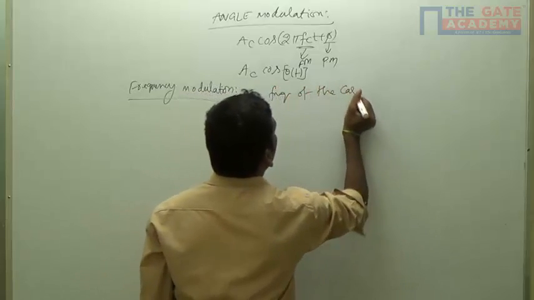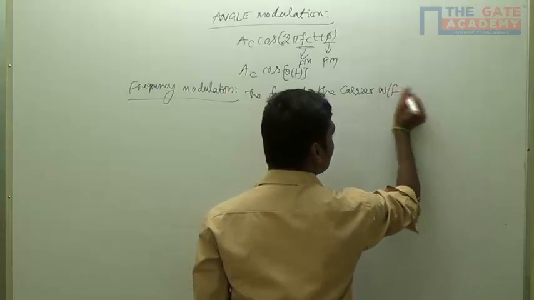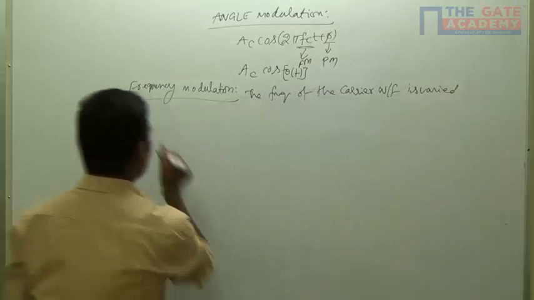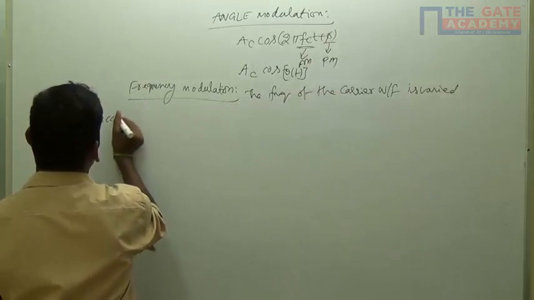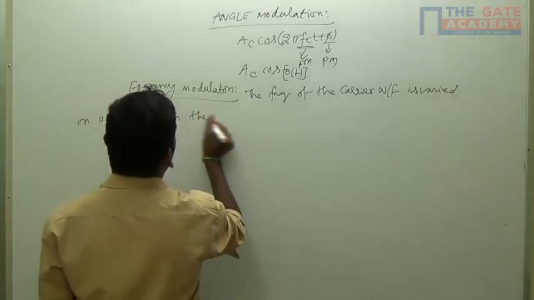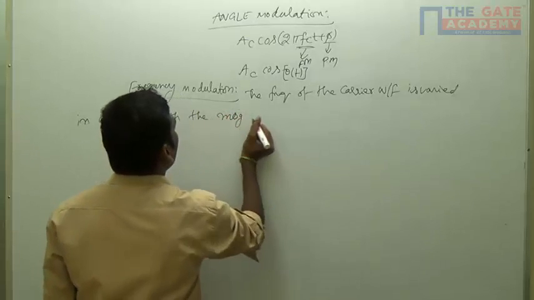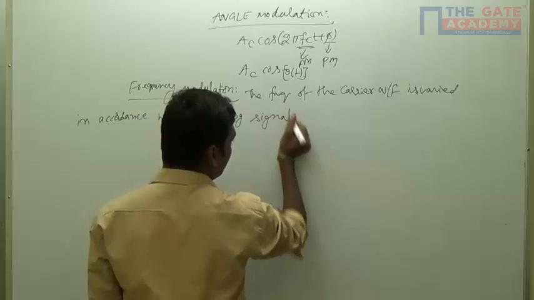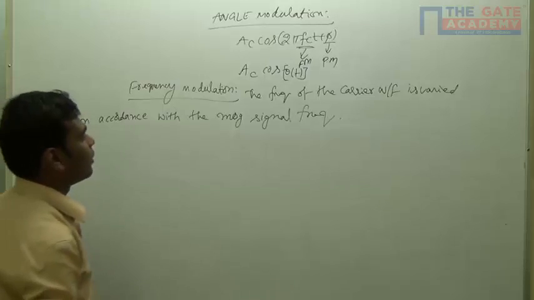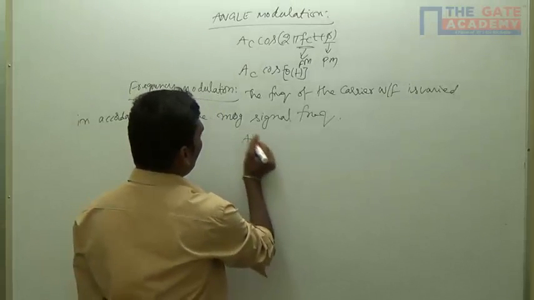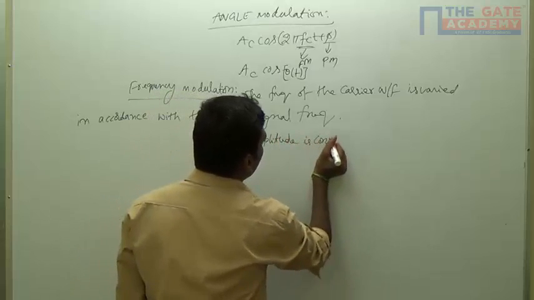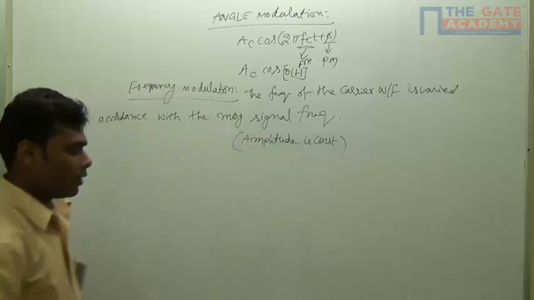The frequency of the carrier waveform is varied in accordance with the message signal. That is frequency modulation. One thing is important: the amplitude will never vary. The amplitude is constant in frequency modulation.